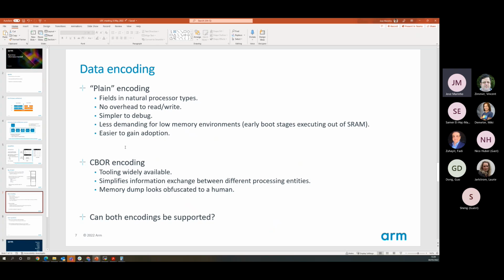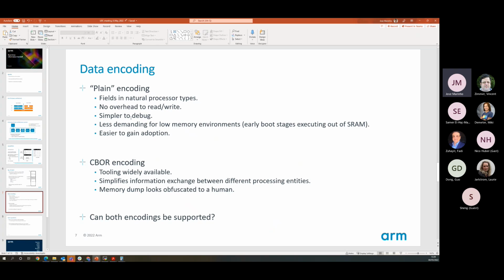The definite benefit is that you don't have any overhead to read or write; you just get the fields by issuing a load or store in your low-level instruction set. Things are also simpler to debug. If you look at the data dump, it's humanly readable what information is stored there.